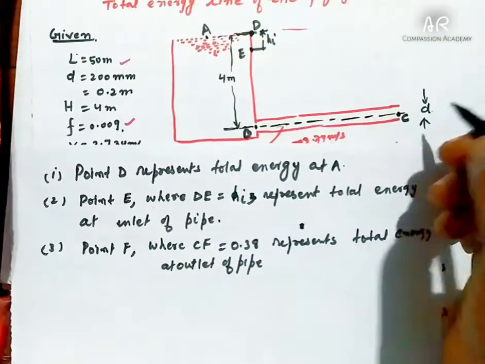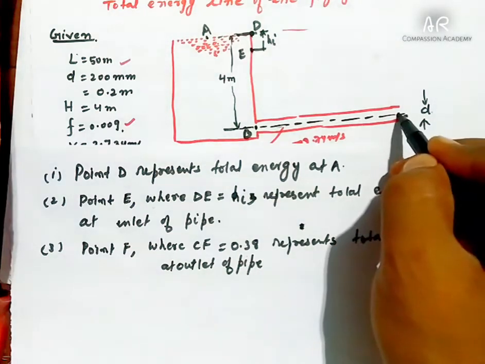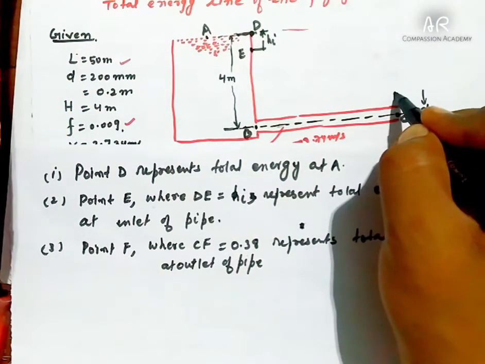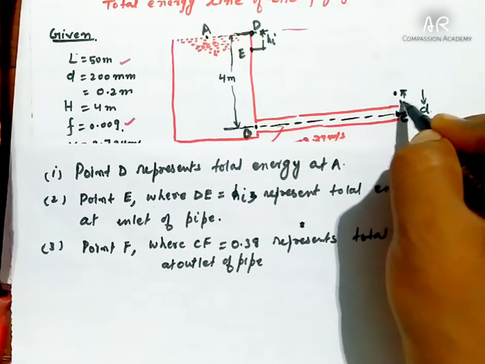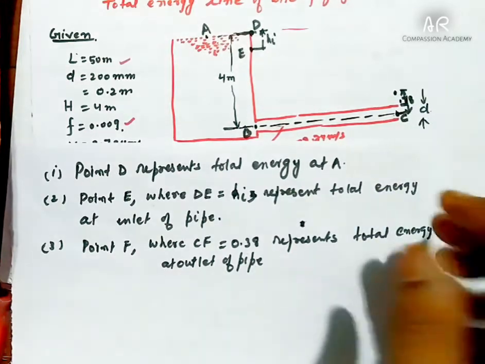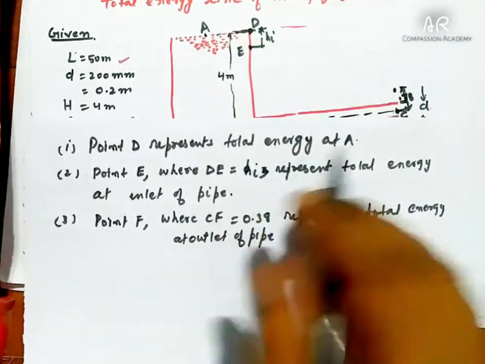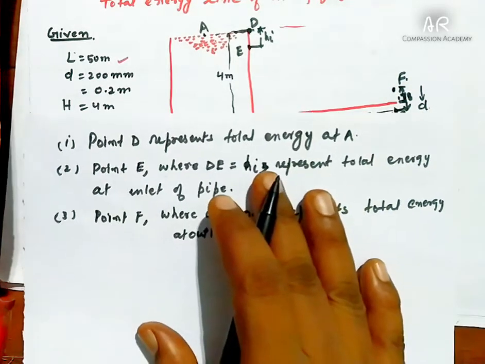That is the point C, the outlet. So point F represents the total energy at the outlet. So total energy here is 0.38 meter. This point is F.